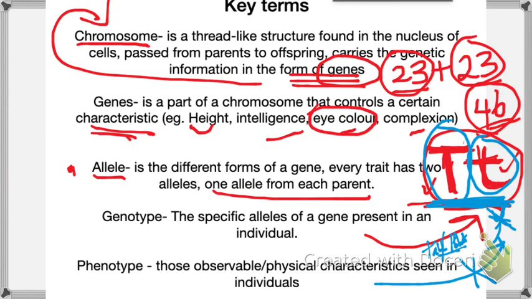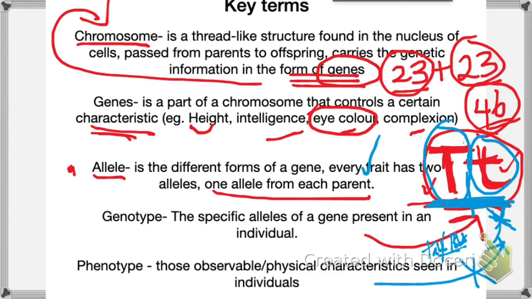Whatever we see, that is the characteristic that will be classed as phenotype. If we see that the person is intelligent, or not so intelligent, that is a characteristic we observe. If someone can taste a particular thing, that would be their phenotype, whether they can taste it or not. So again, the phenotype is that characteristic that is observed in an individual.